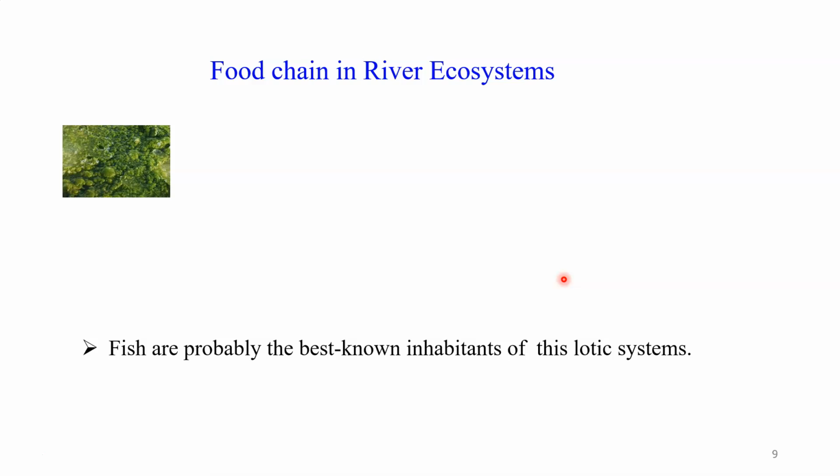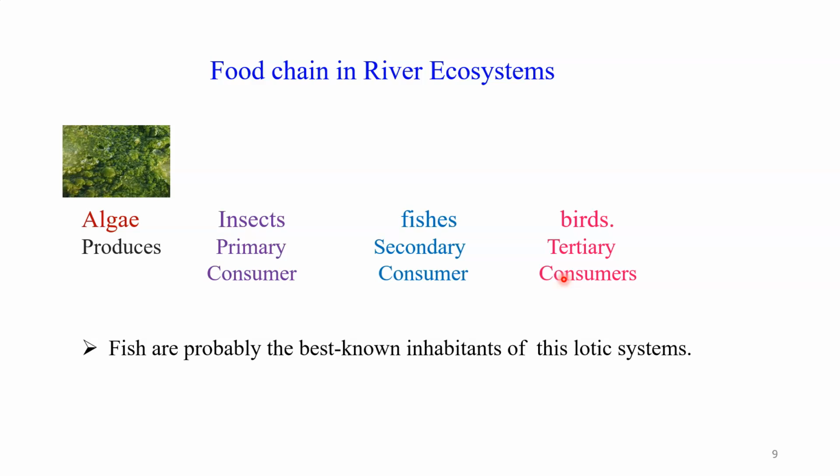Let's discuss one example of a food chain that we have observed in the river ecosystem. First, you know that every food chain starts with the producer, the green plants. Here we have the algae that play the role of producer in this ecosystem. Then we have the primary consumer.